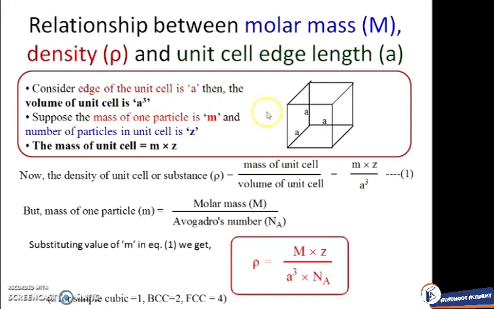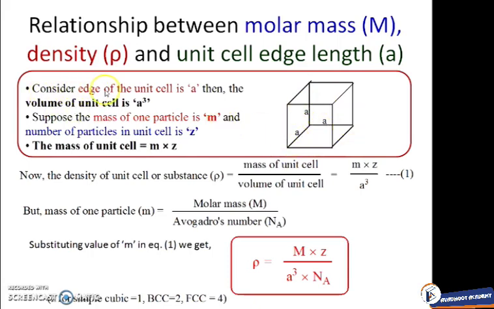Now the next point is the relationship between molar mass, density and unit cell edge length, that is a. First of all, consider the cube. All the edges are the same, that is a is equal to b is equal to c, that is equal to a. All the edges are of equal length.